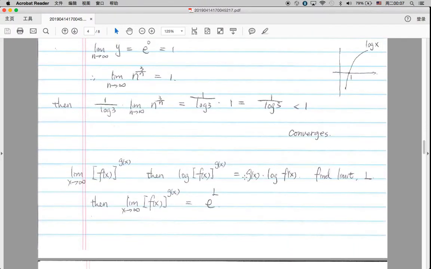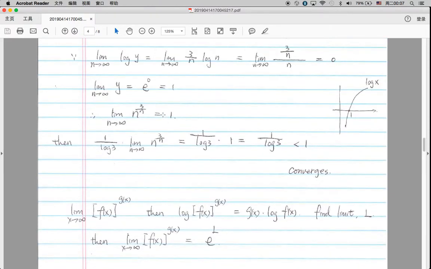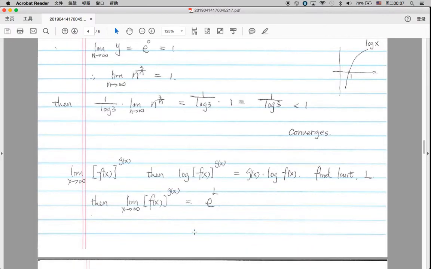Again, the technique that we applied in this part is that we want x to approach infinity, but we find that the power of the expression also contains x. So we take the log, bring the power to the front of the log, and then find the limit.